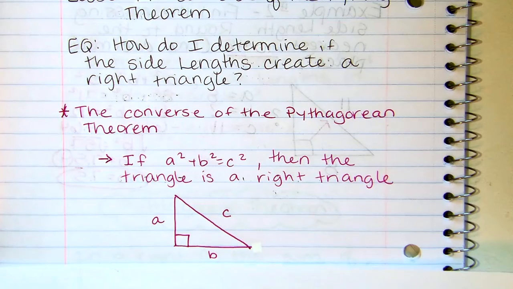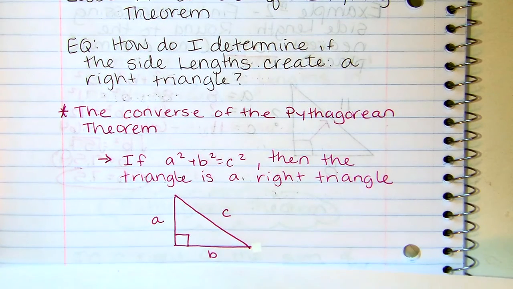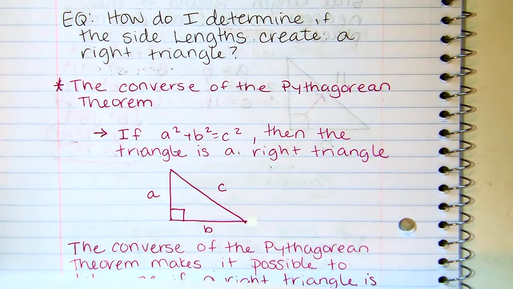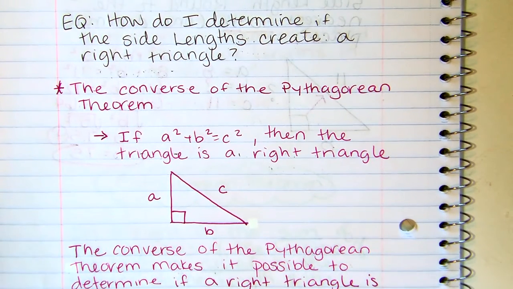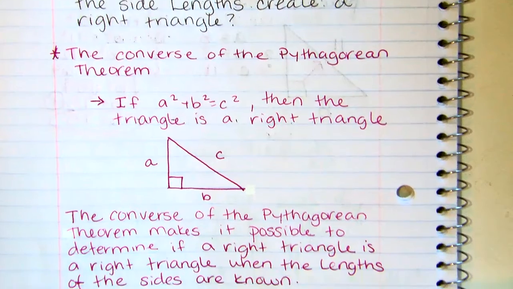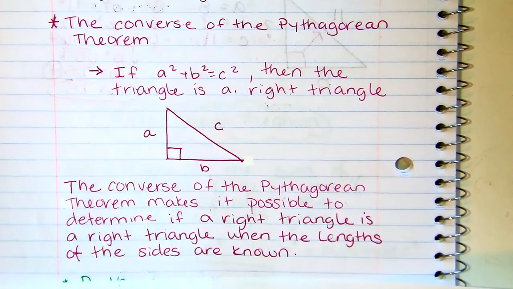So, keeping that in mind, the converse of the Pythagorean theorem makes it possible to determine if a triangle is a right triangle when the lengths of the sides are known. What this means is that if I'm given the length of A, the length of B, and the length of C, I can plug those into my formula to determine if the numbers I have actually create a right triangle.